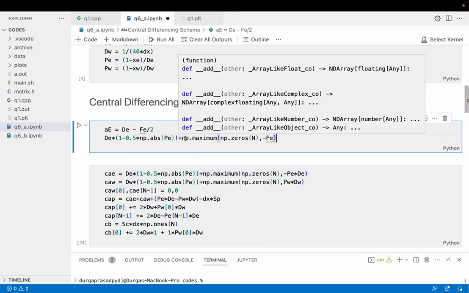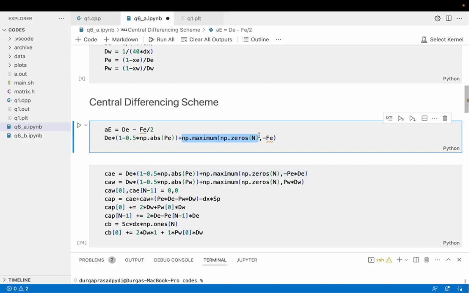So this entire term can be written as max of 0 comma minus FE. I'm just removing this so you can easily understand. Now if the flow is positive, and for our particular scenario we have the flow to be positive, what does this term become?